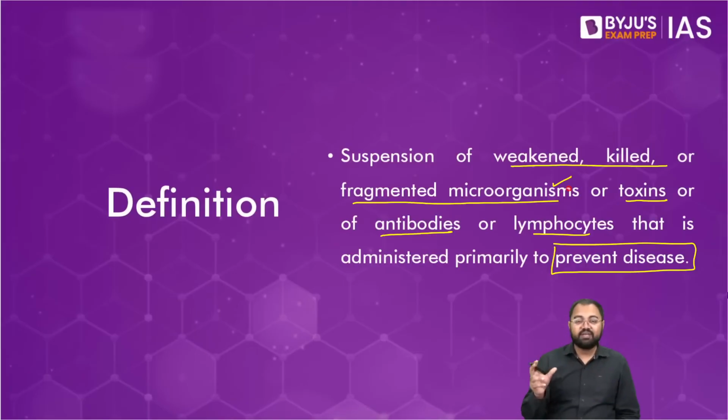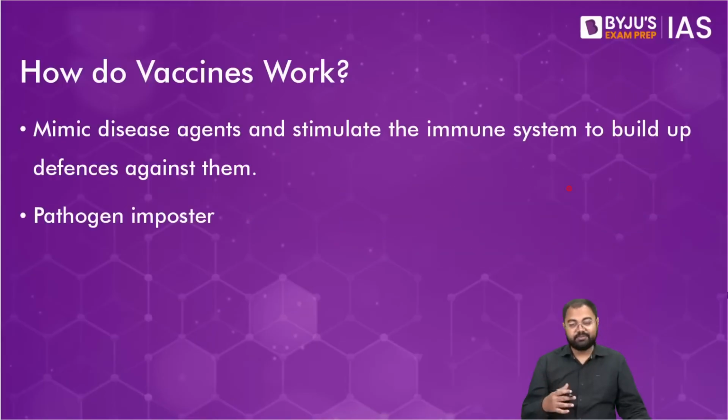So many times these kinds of microorganisms, which are very similar in their appearance and structure, might be used. Or we might use some kind of chemical, some kind of toxin, or maybe some kind of antibodies. So these will be used for making the vaccine. Now, when we make the vaccines, they act as pathogen imposters, meaning that they try to mimic the pathogen.